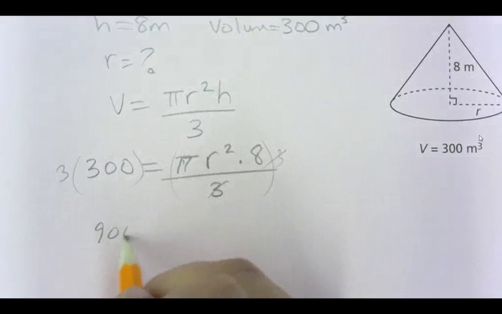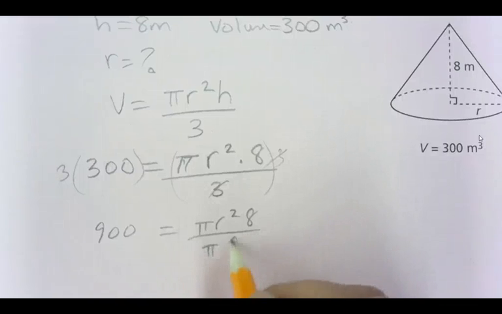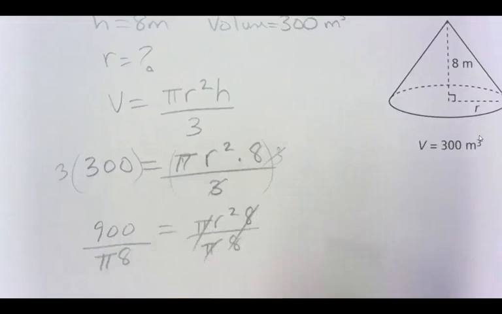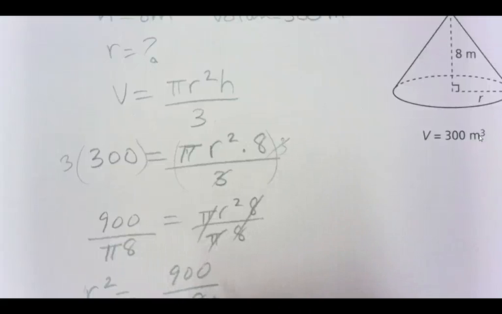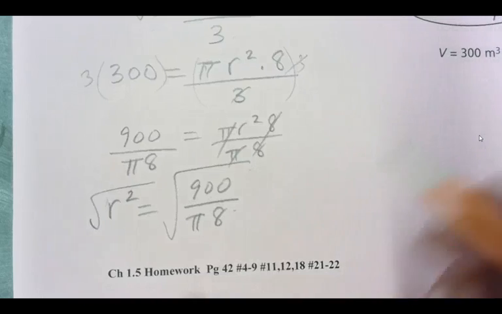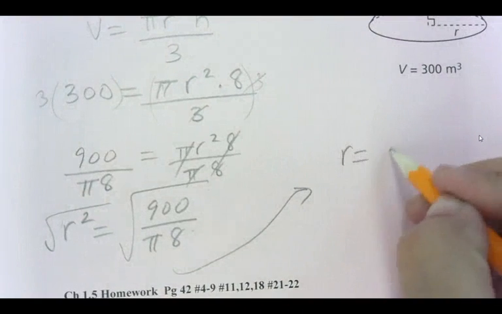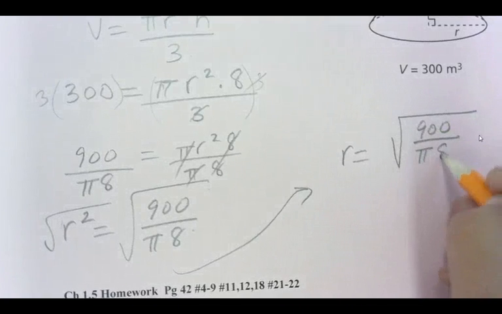We have 900 equals pi r squared 8. Divide both sides by pi 8. And then I've got r squared equals 900 over pi 8. And in order to figure out what r is, I need to square root both sides. So I'm going to finish off over here. r is equal to square root of 900 over pi times 8.